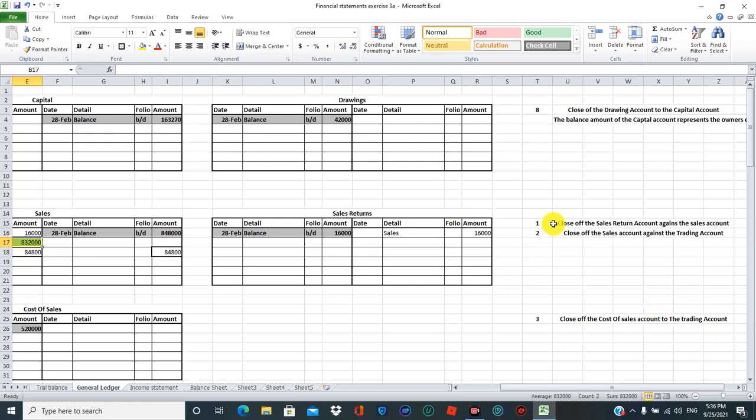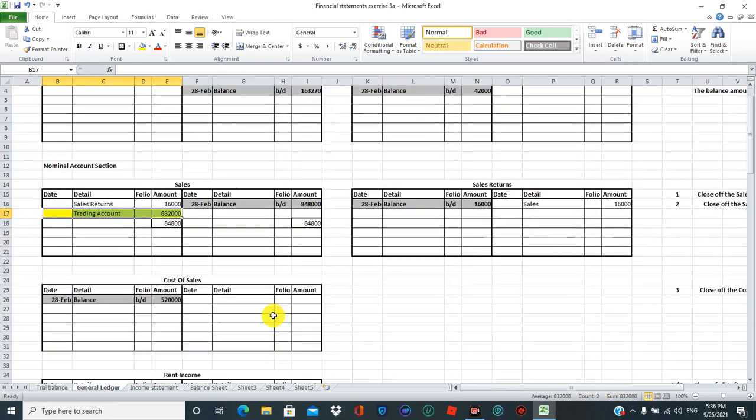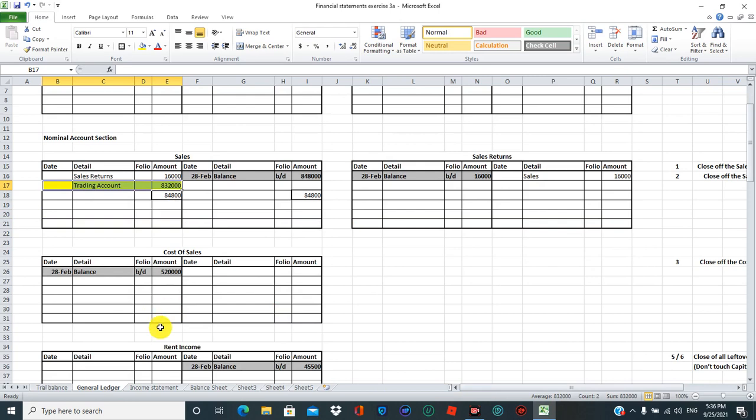Okay, so we've done number 1, we've done number 2. Now we'll be doing number 3, and that is closing off the cost of sales account against the trading account. So here we've got the cost of sales account, and it says closing it off to the trading account. Okay, so we've got that balance, and that has to go to the trading account.